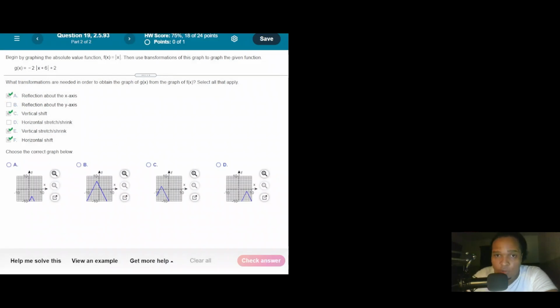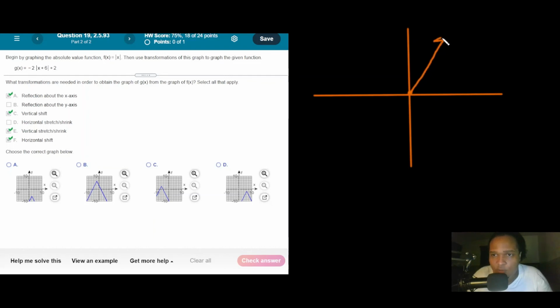Well, you know that the absolute value starts somewhere here. So we'll just put the original, something like that. And we're gonna do different colors to make it more easy to comprehend. We're gonna reflect first. So let's reflect first. So we're gonna go down this way.